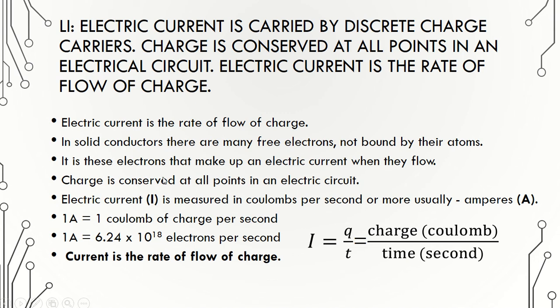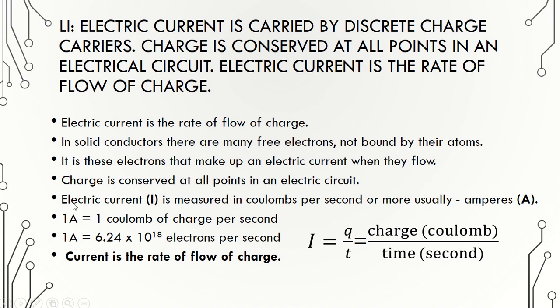Now, at all points in a circuit, charge is conserved, because electrons cannot be created or destroyed, they're only transferred, pushed around the circuit. So charge is conserved at all points in the circuit. And we'll use this idea to look at current at different points in the circuit later on, depending on what components are in the circuit.